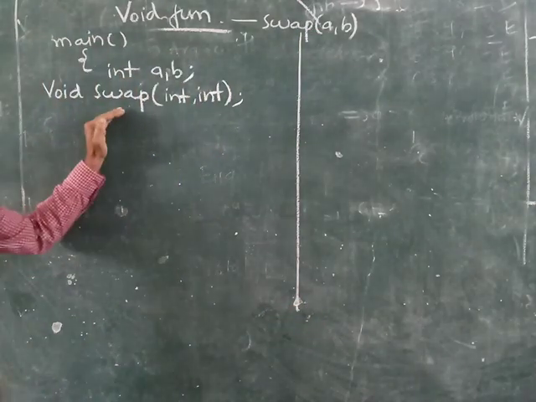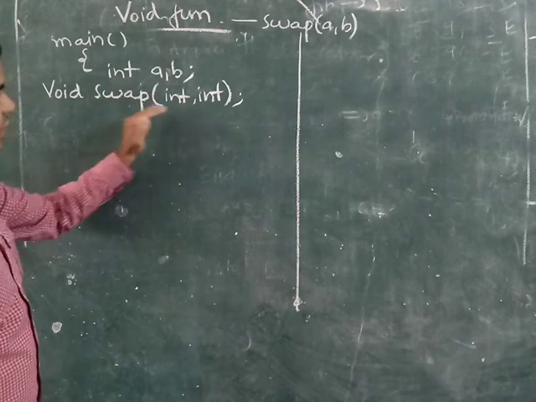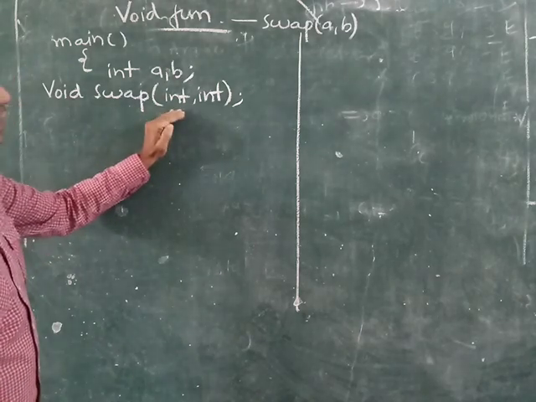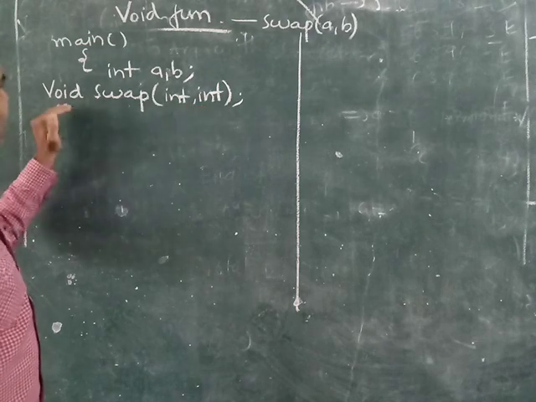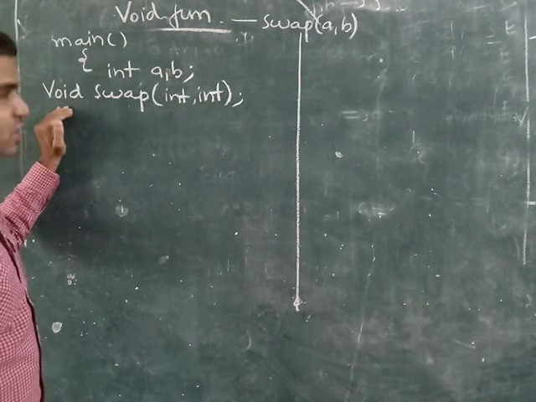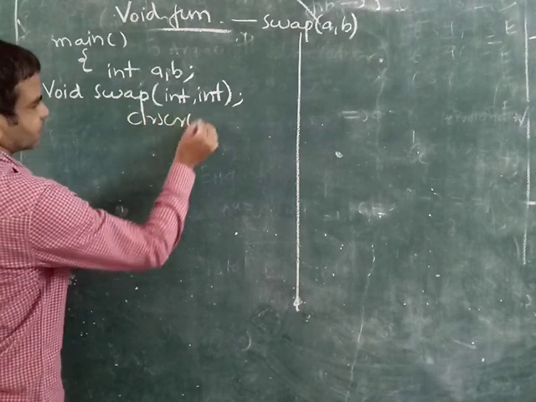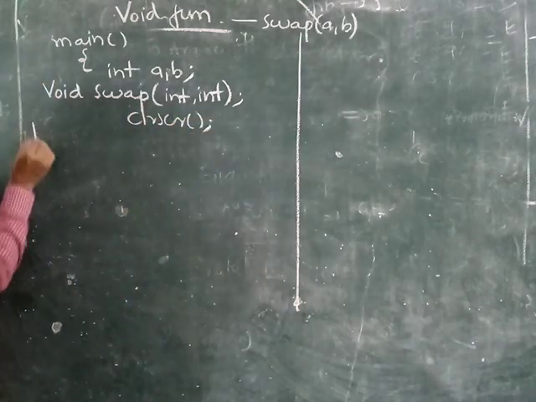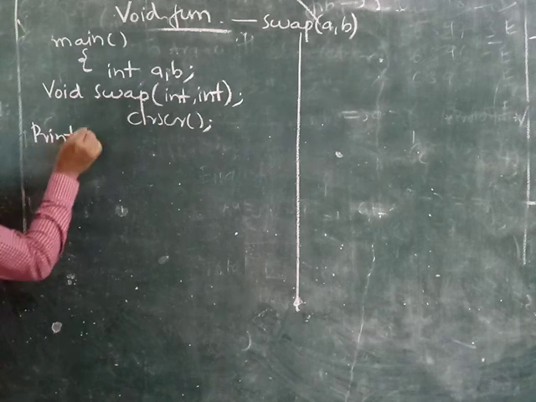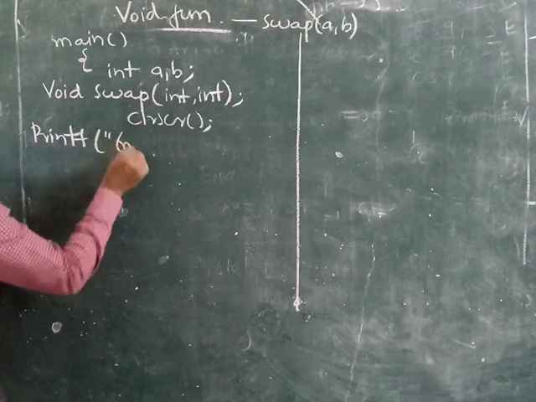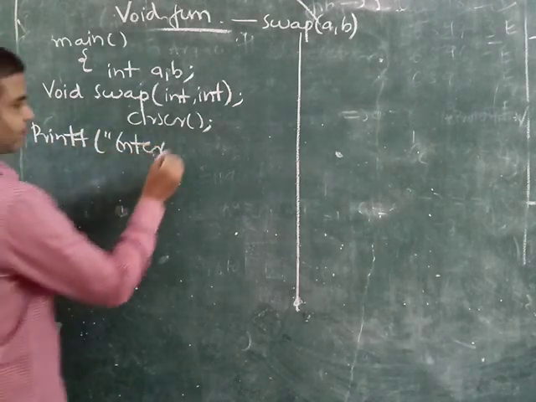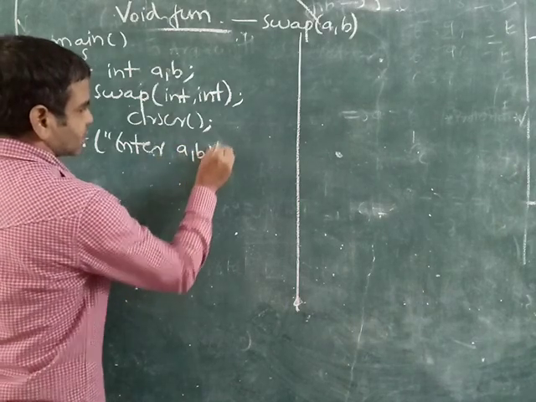Swap is one of the user-defined functions which receives input as integer comma integer, and it will not return any value because it is a void function. Then clrscr, printf, enter a comma b values.